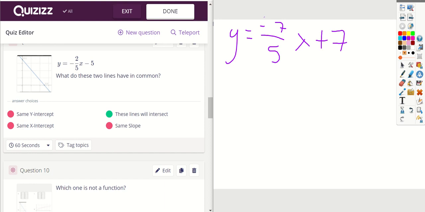And just this -2 and -7 should tell you right away that that's not true. They have the same slope. Obviously not true. -2/5 and -7/5 are not the same, which means that if these two lines are not the exact same, or these two lines are parallel, then they must intersect. Okay? So if it's not y-intercept or same slope, they must intersect.